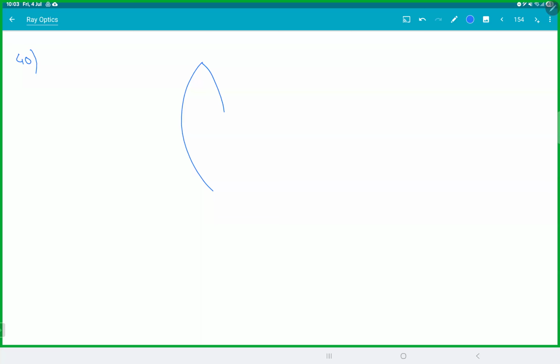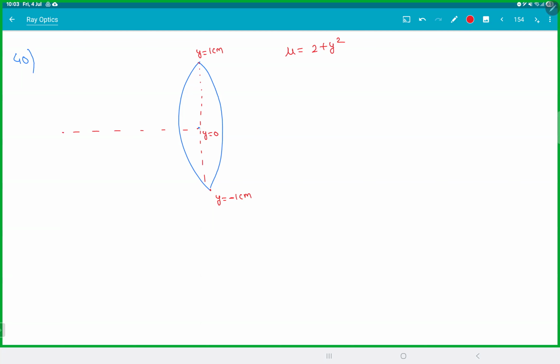Let's say we got a lens. This is y equals 0, this is y equals 1 centimeter, and this is y equals minus 1 centimeter. The refractive index of this lens is 2 plus y square. Look at this: the refractive index of this lens is changing with height. So different parts of the lens have different refractive indices.